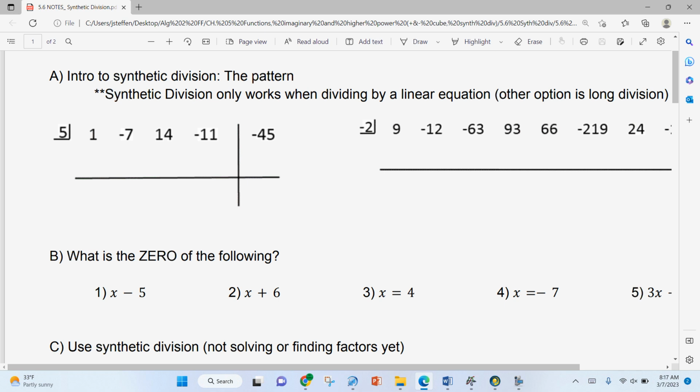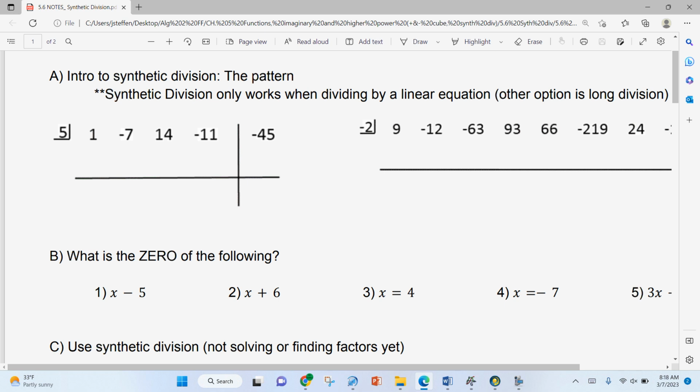The thing people miss a lot is that it's very particular about where you put your numbers and how you set it up. Once you have it set up, I'm not saying it's super easy, but the math isn't the hardest part. I'd like to give you a step-by-step way to do this, like I do with most other things, but synthetic division is maybe better shown by doing one problem, then a second and a third. By the fourth problem, you pretty much know those steps.